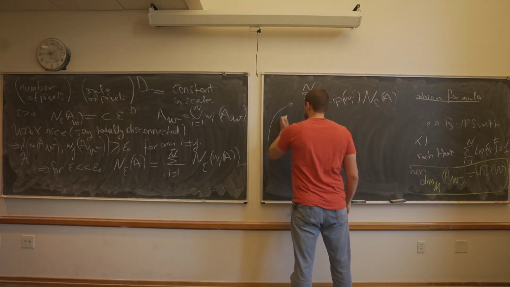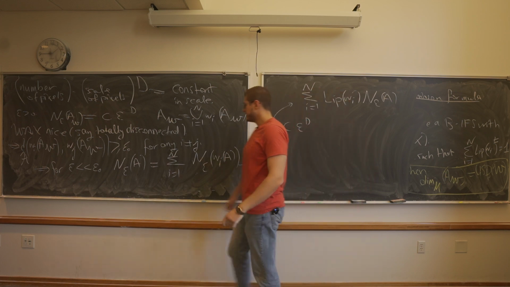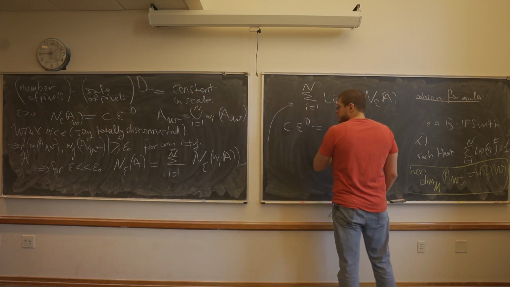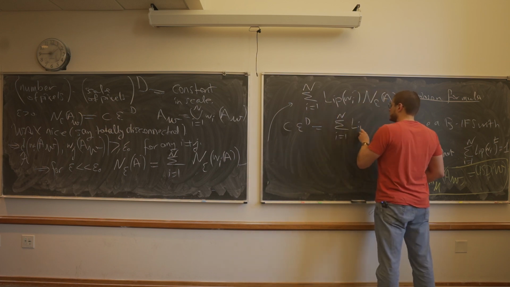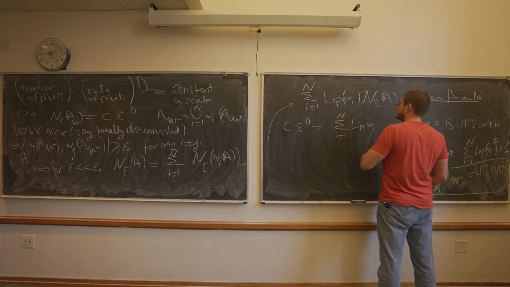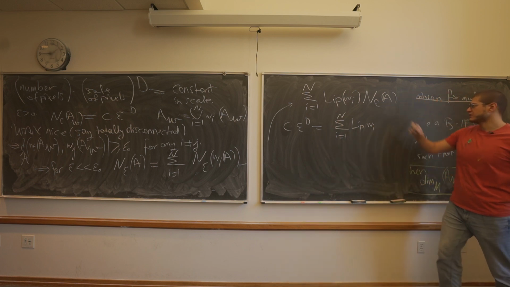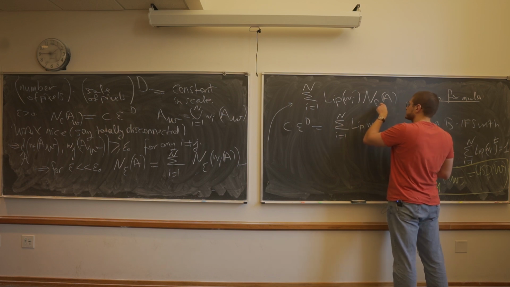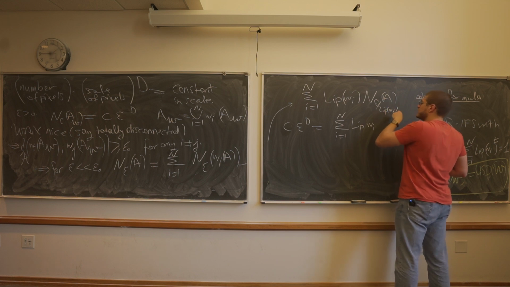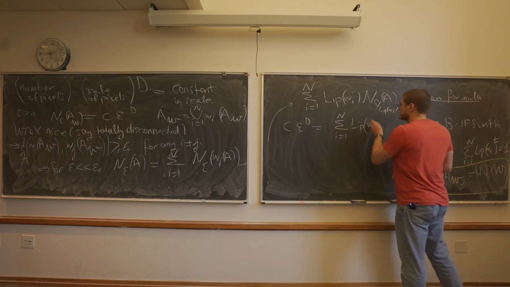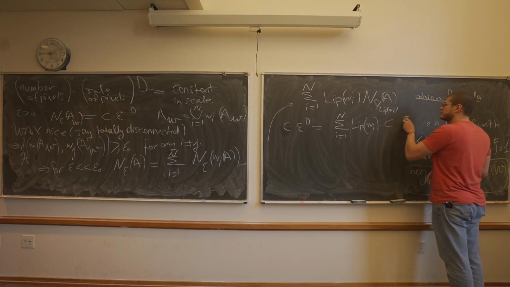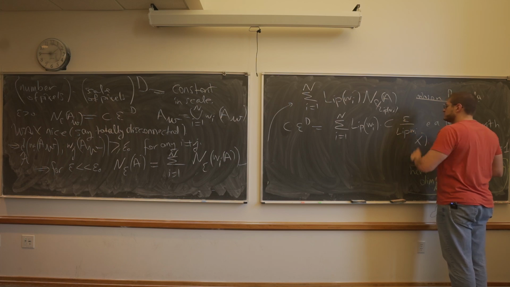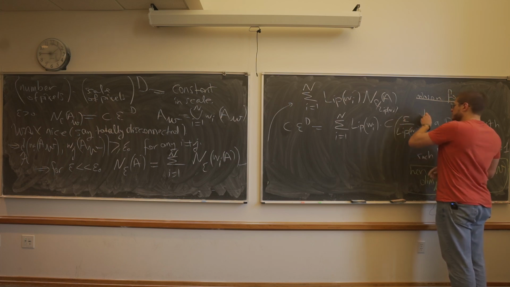So C times epsilon to the d equals this, which equals the sum from 1 to n of one over Lip W_i, times C times epsilon over Lip W_i to the d.